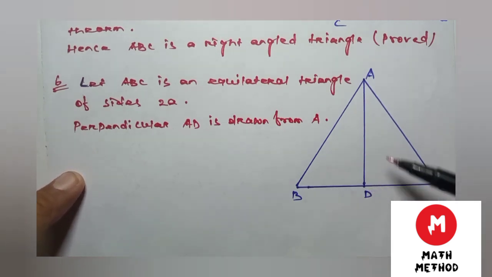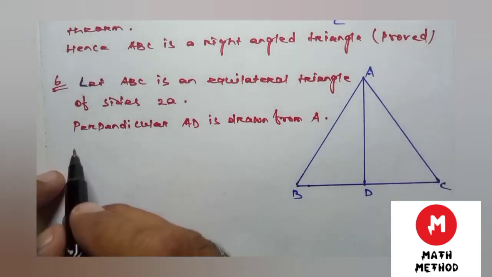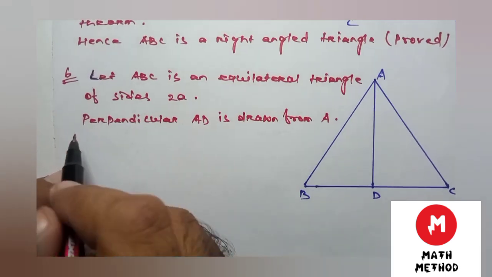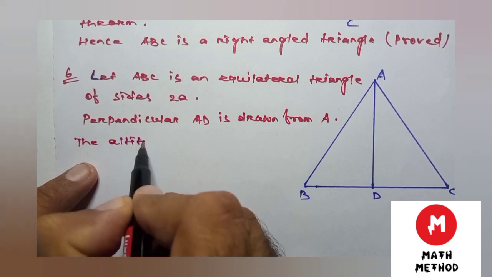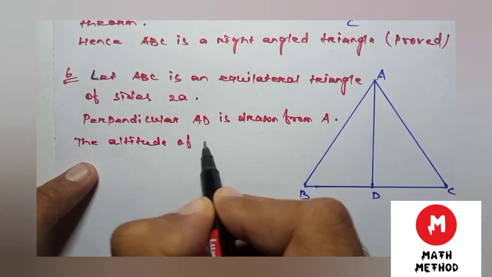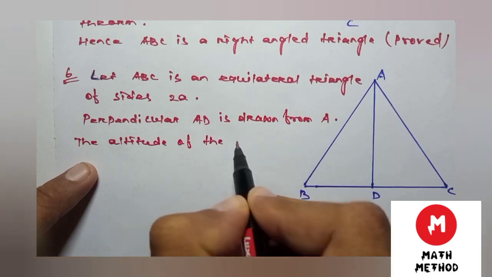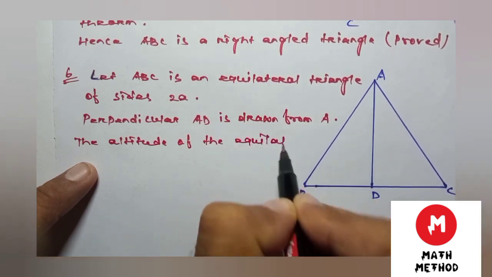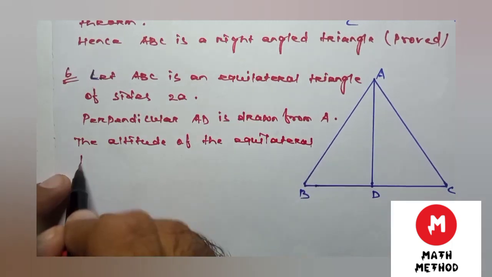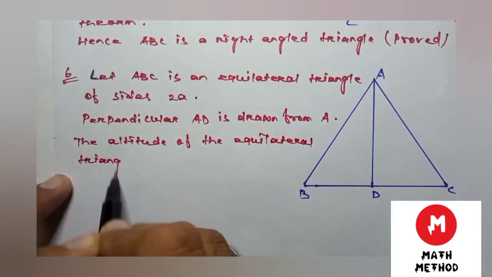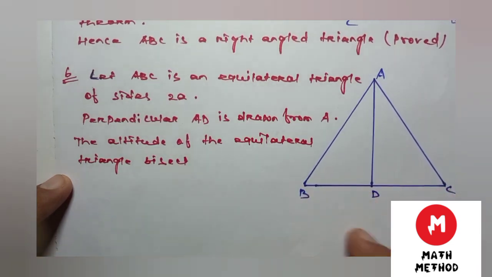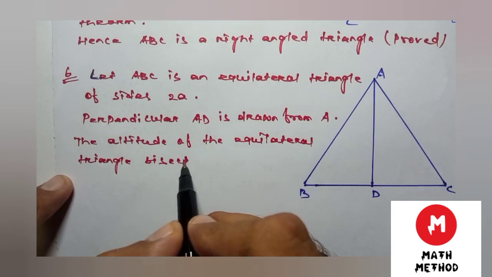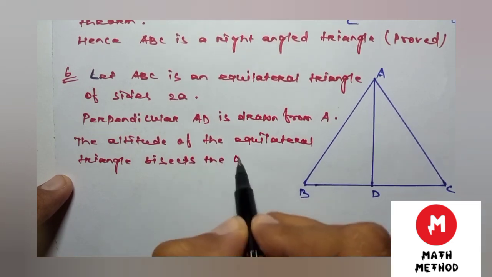So we know that the altitude of an equilateral triangle bisects the opposite side. I am writing this: the altitude of the equilateral triangle bisects the opposite side, which means it divides the side into two equal parts.